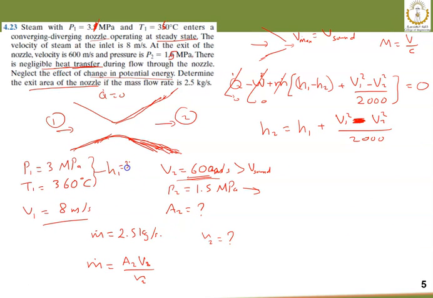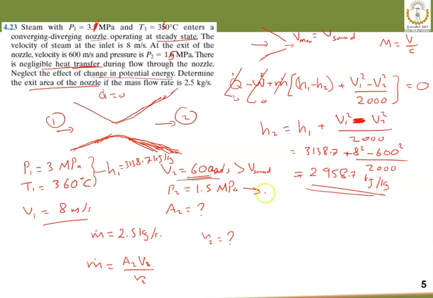So h1 equals 3138.7 kilojoules per kilogram. So we have 3138.7 plus (8 square minus 600 square) divided by 2000, and this will equal 2958.7 kilojoules per kilogram.